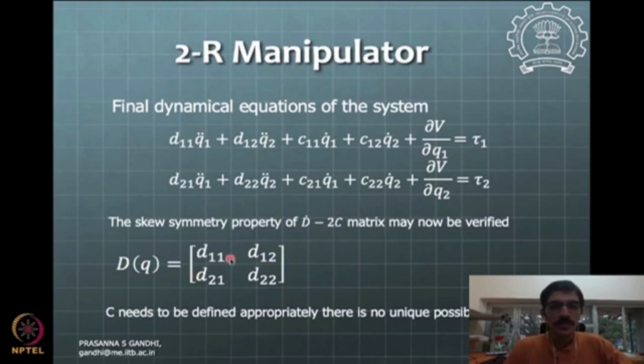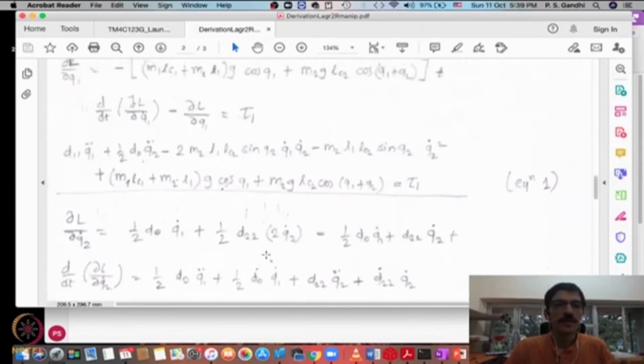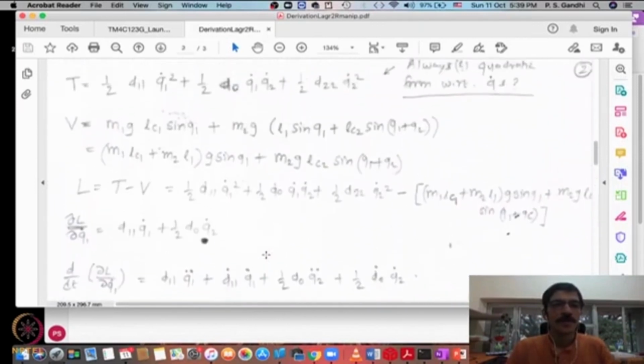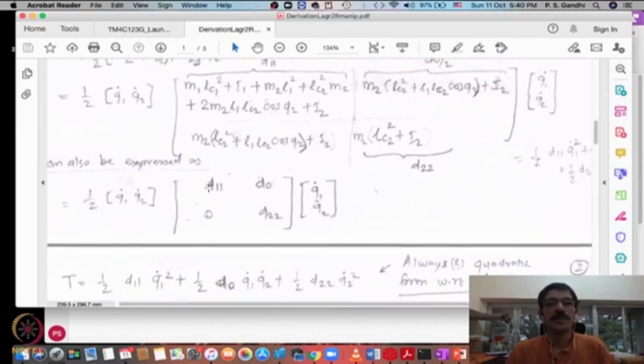One can, even without the Lagrange formulation, write this D matrix once you write the kinetic energy of the system in the form that was expressed in the equations here. You can see this form of the kinetic energy equation was written in this form. So D11, like this was a D0 term here, which can be split into two parts, one part written here, the other part written here, which will both be the same.